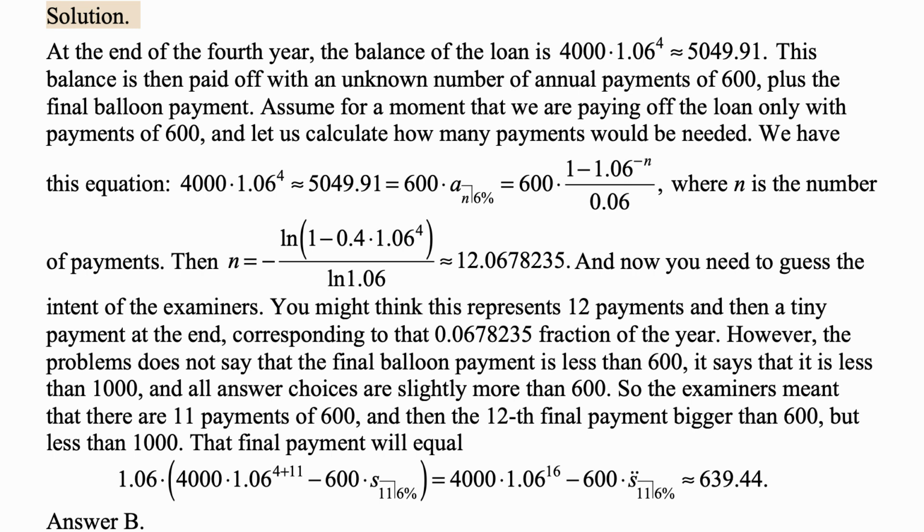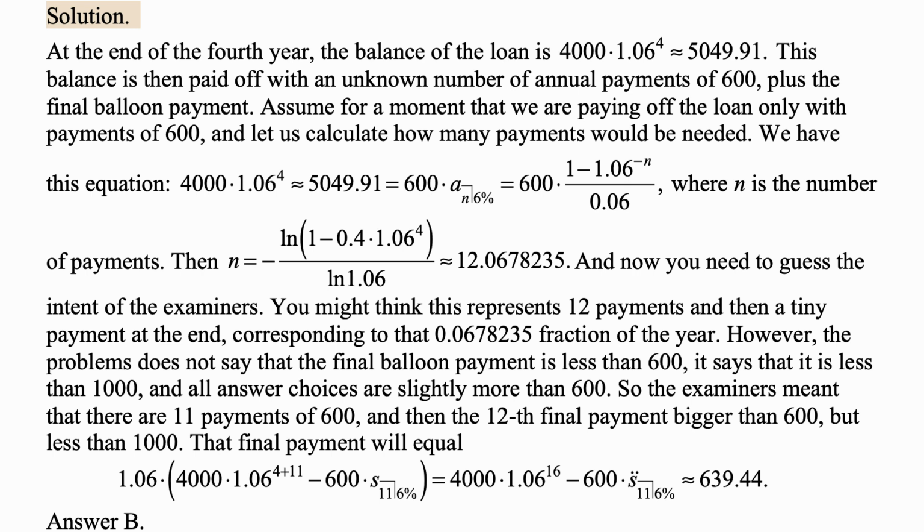And what is the value of that final payment? Well, if we accumulate to the end of those 11 payments, so that's year 15, time 15. The end of the 15th year, beginning of the 16th year.